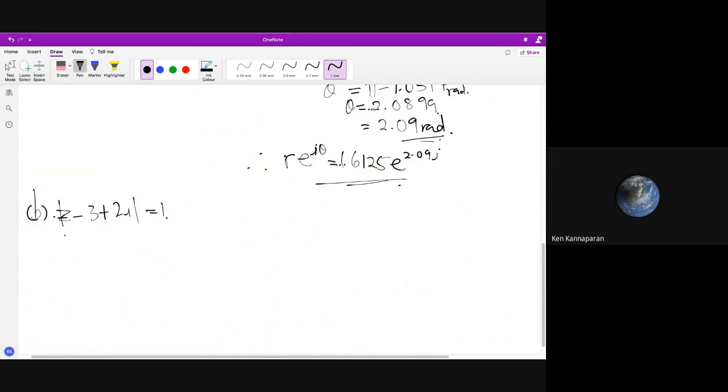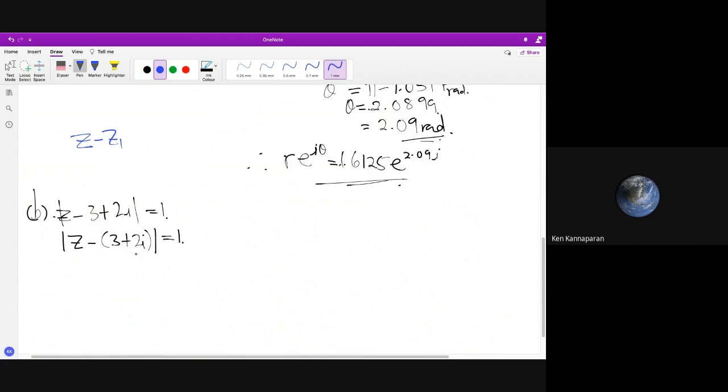So from here, you split that into z minus (3 plus 2i) equals to 1. So if you split that, remember it has to be in this form, z minus zi. So z minus z.